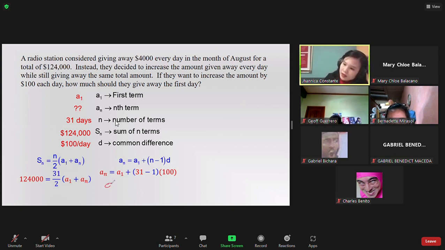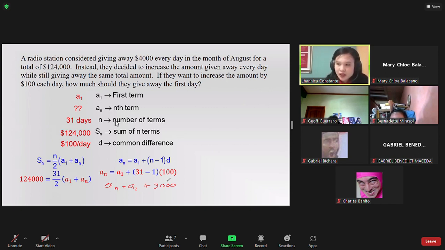So an is equal to the first term plus 31 minus 1 times 100, which is equal to 3,000, since 30 times 100. So that's the value of our an.